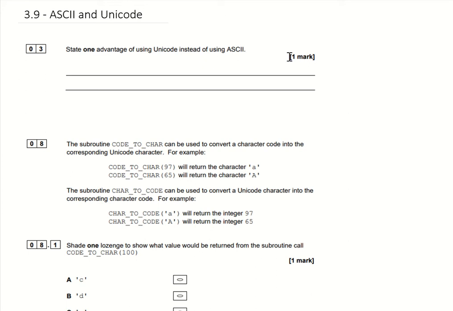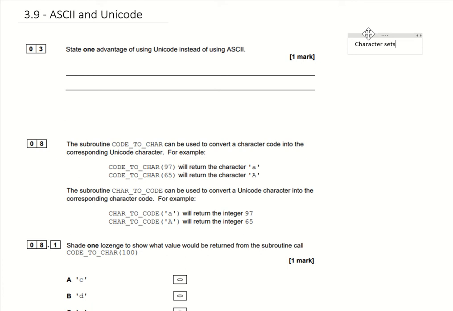So the way to remember it is that computers only work in zeros and ones. We know that already, but zeros and ones are not the best for humans to understand. So what we have is something known as character sets. Character sets are basically codes which relate to letters of the alphabet.